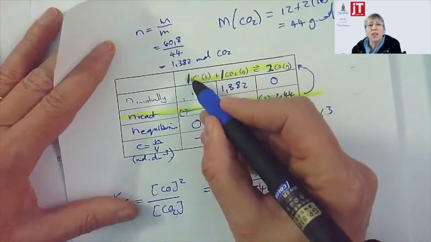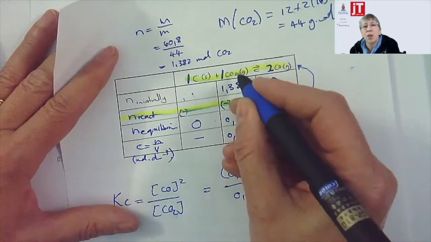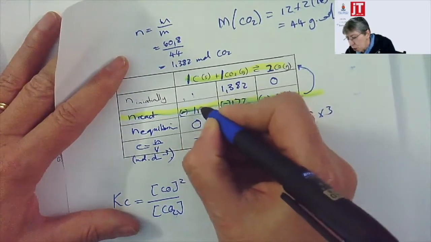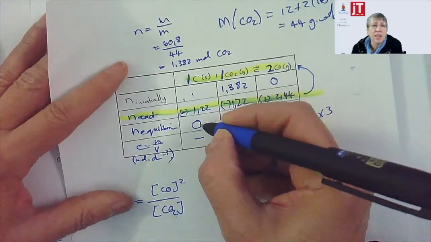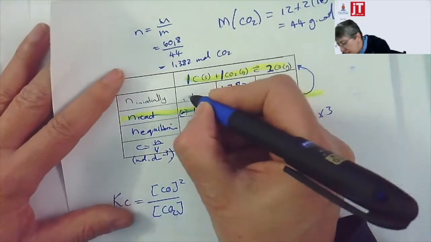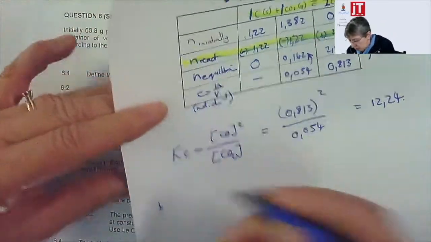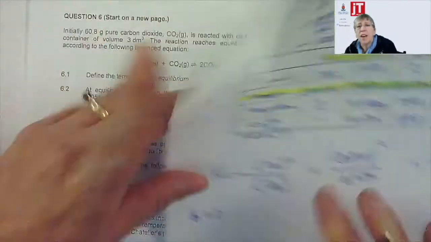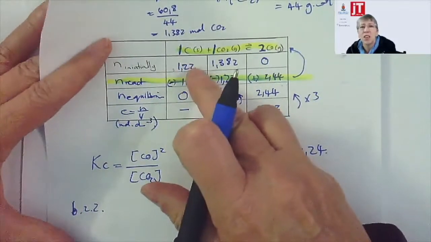Now, what do I know? They're in the ratio 1 to 1. So if 1,22 of the CO2 is used, it also means I have used 1,22. And if nothing needs to be left over, then it means I started off with 1,22 moles, right? So for 6.2.2, when they're asking what is the minimum mass, the moles that I need is 1,22.